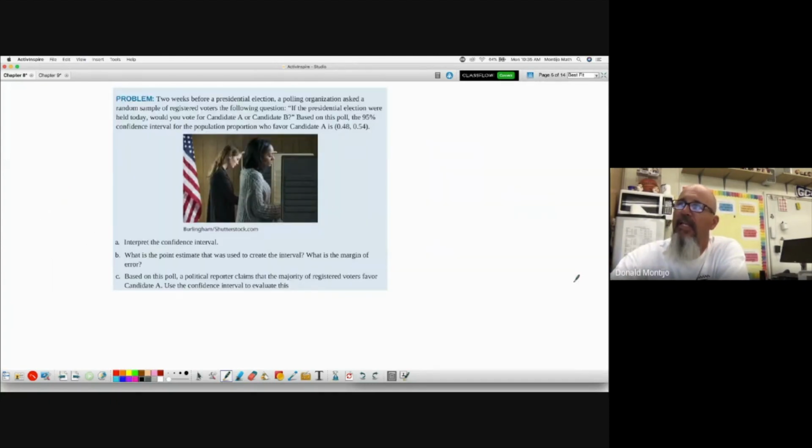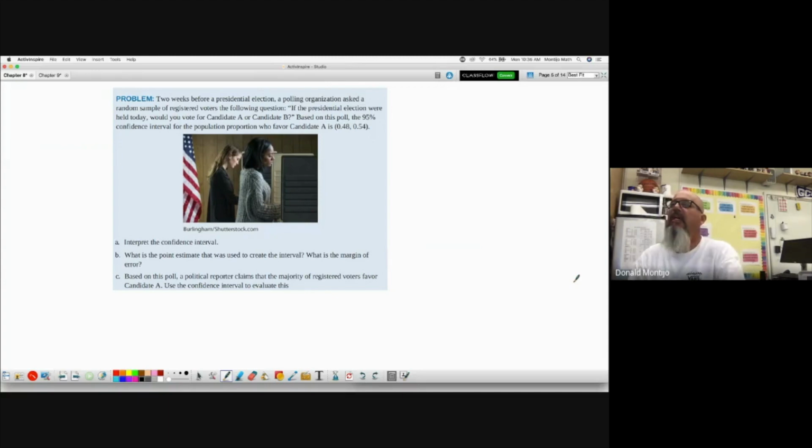Let's take a look at an example. Two weeks before the presidential election, a polling organization asked a random sample of registered voters, if the election were held today, would you vote for A or B? Based on the poll, the 95% confidence interval for the population parameter A is between 0.48 and 0.54.